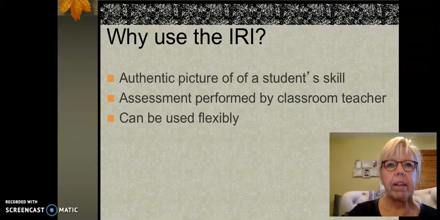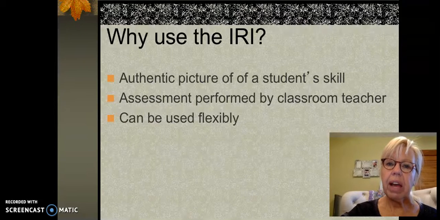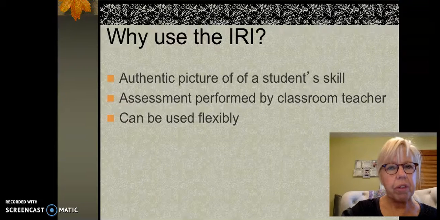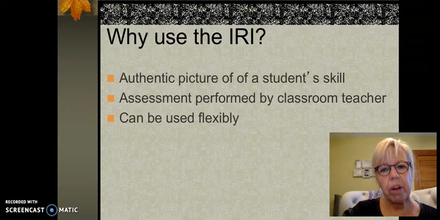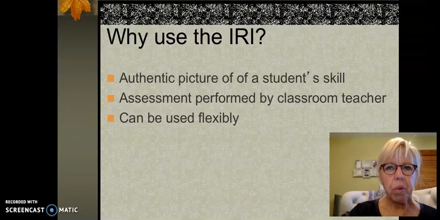I always have extra passages on both ends with me. It would be great if we could be really efficient and only have to administer three grade levels, where the first one the student would be independent, then instructional, and then frustration. That doesn't happen very often, so it's always good to have extra graded passages ready to go.